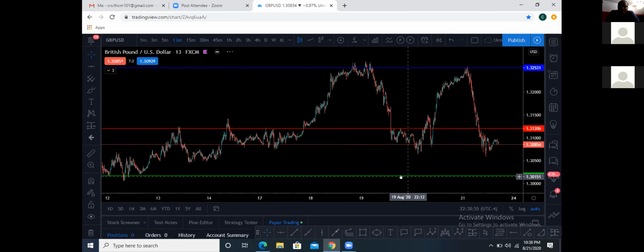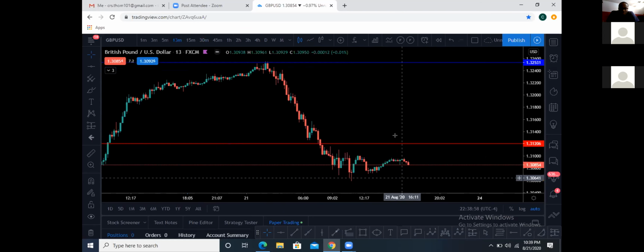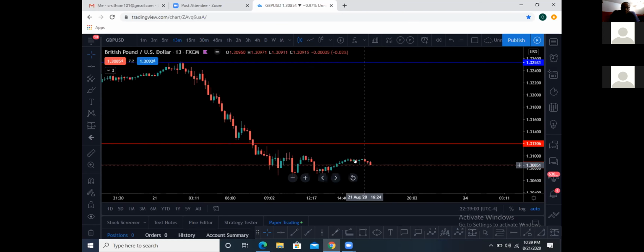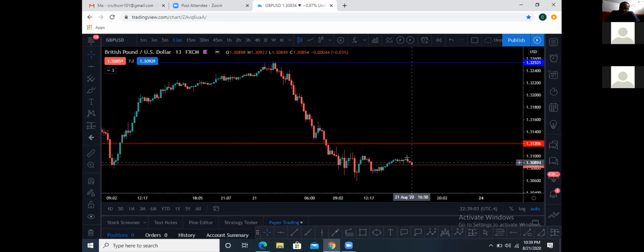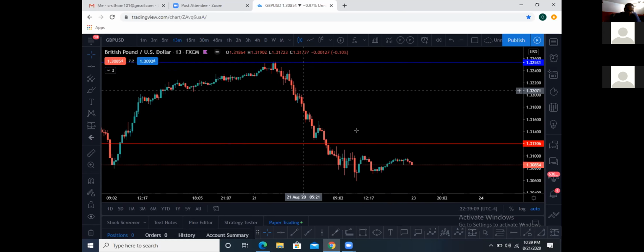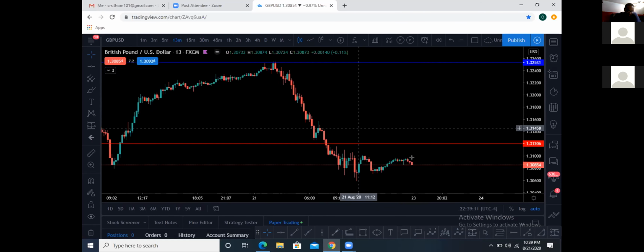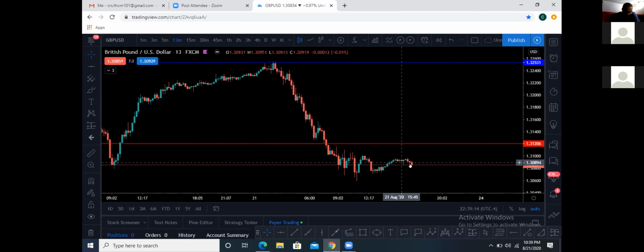So here, of course, right now it's Friday and it's after 5 p.m., so the market has closed down for the public. So that's where it's left off.